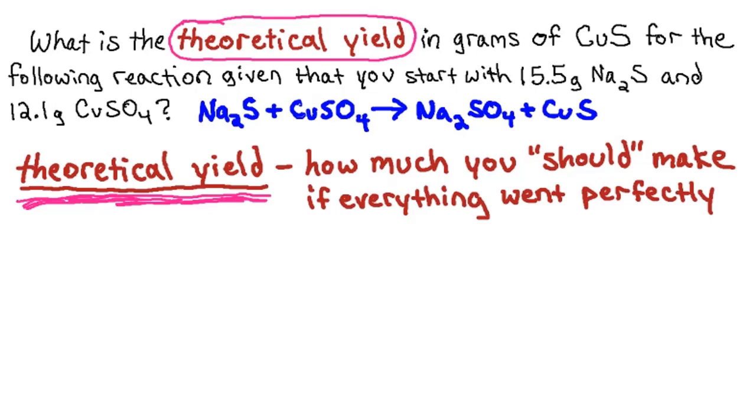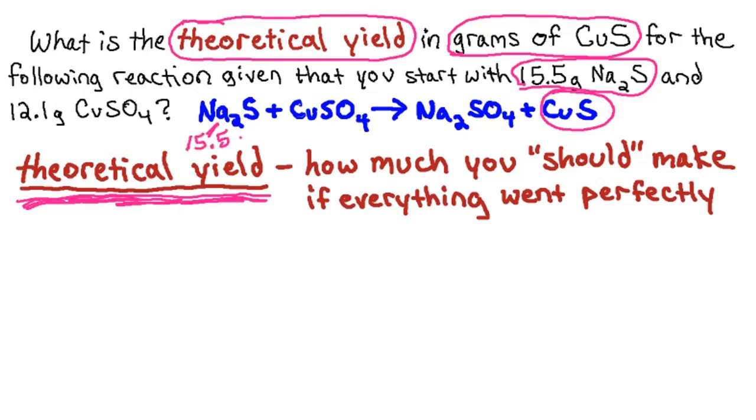What do you calculate that you're supposed to make in grams of CuS, so that's going to be this end result here, this product here, CuS, for the following reaction, given that you start with 15.5 grams of Na2S, so you're going to have 15.5 grams of this Na2S and 12.1 grams of CuSO4. So this is going to be 12.1 grams of CuSO4.